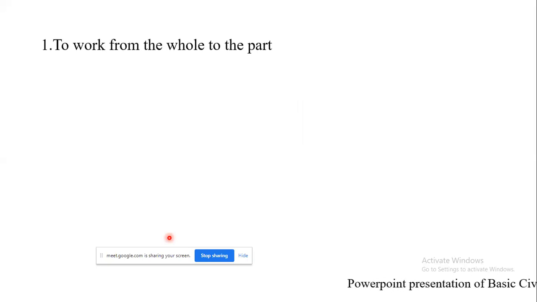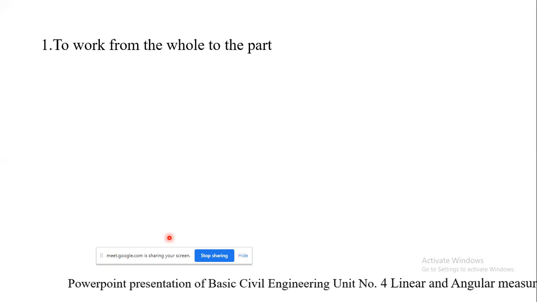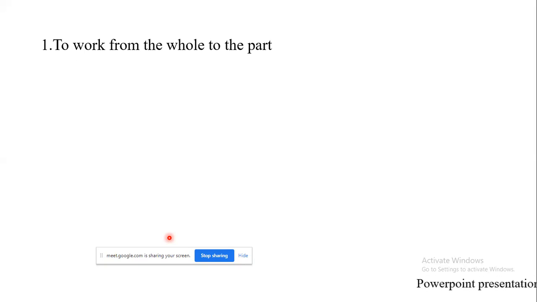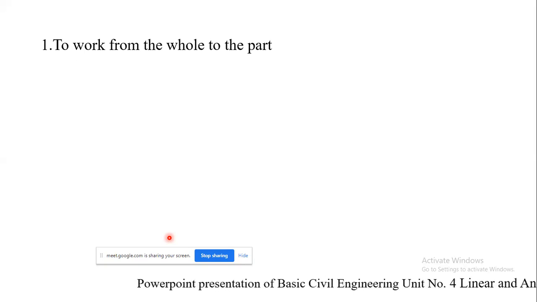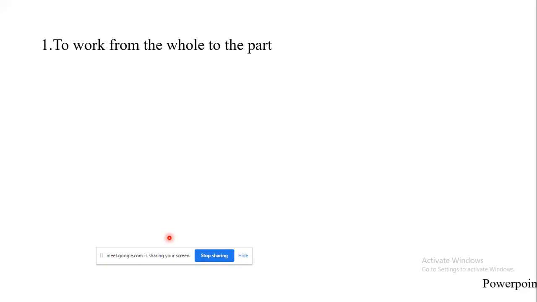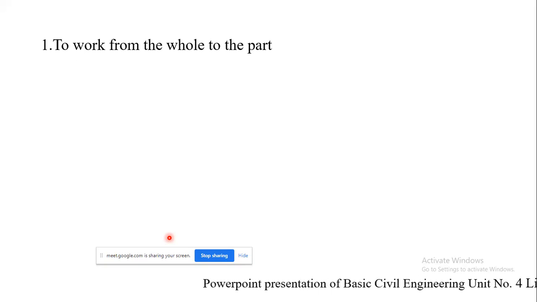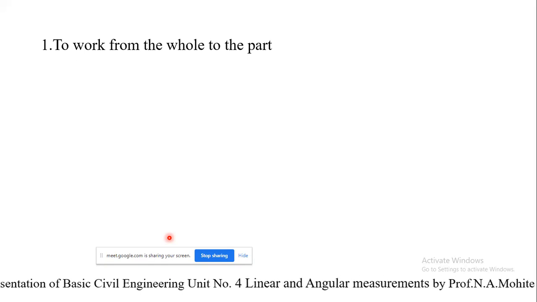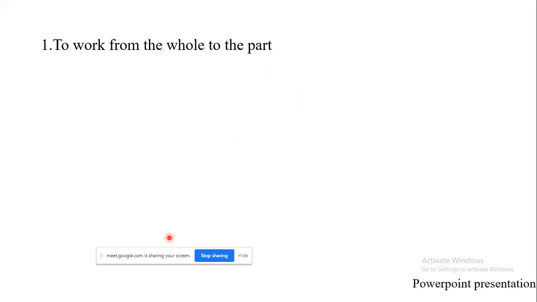First, to work from the whole to the part. As the name indicates, suppose it has been told to you to measure the area of the total Kolhapur district. Instead of directly going with the entire measurement, first of all you will do the classification, you will go taluka wise.